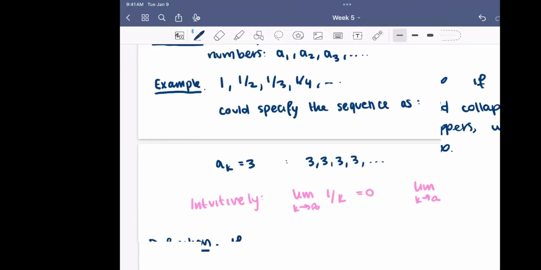So if a1, a2, a3, and so on is a sequence, then the kth tail is the sequence where we've just chopped off the first k terms.